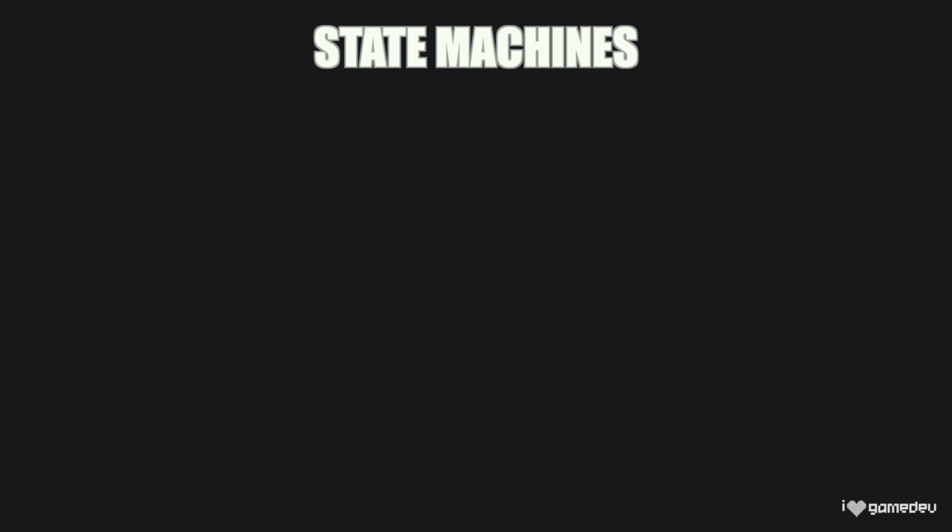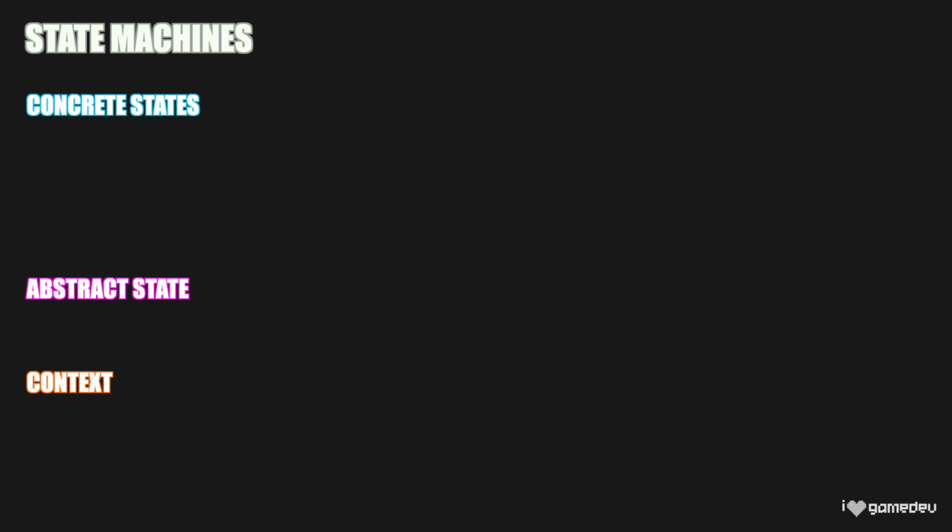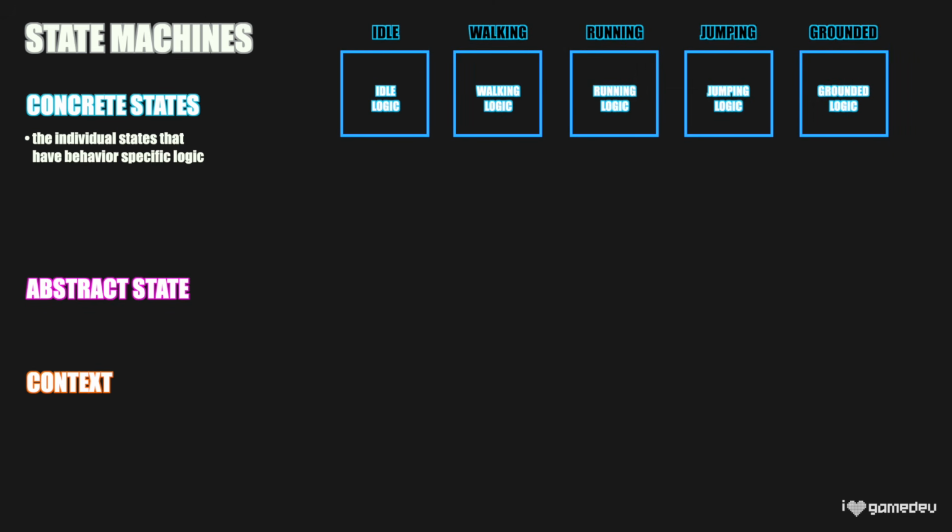And don't worry if this all doesn't make sense at the start. Hopefully it will by the end of the video after we implement it ourselves. With state machines, we have three different concepts: context, abstract state, and concrete states. Each state that Jammo can possibly be in when the game is running will be a concrete state. As mentioned, this includes running, and we also currently have walking, idle, grounded, and jumping.